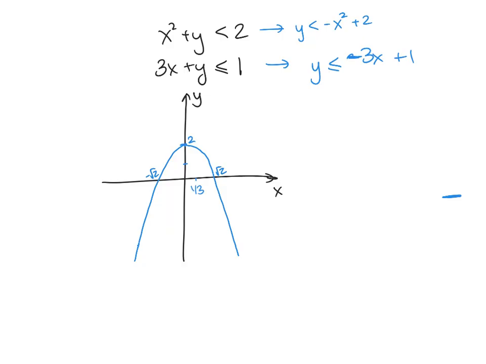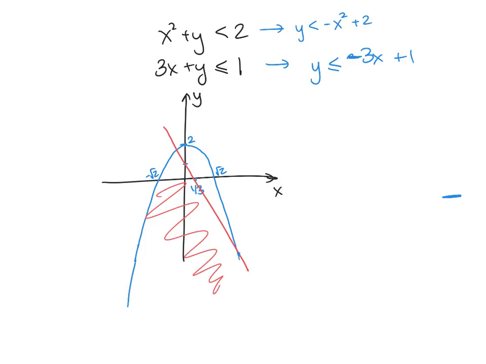So we are going to end up drawing a line here. Now notice that both of these involve y being less than. So we are not looking for the region in between. This region would satisfy this one, but not this one. So we actually need the region down here, anything in this region going down to infinity.